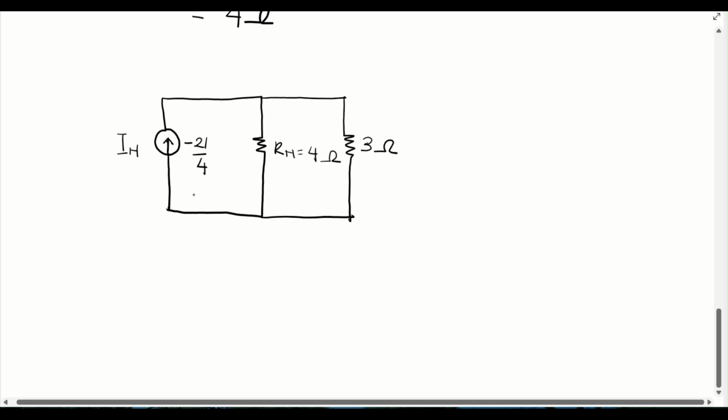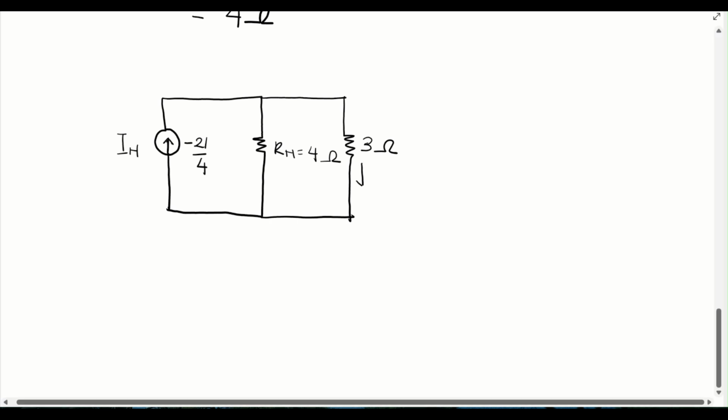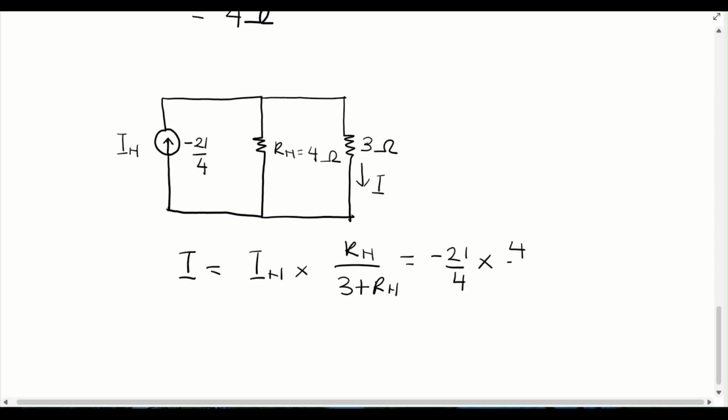Just like we discussed earlier, we are going to use the current division rule to find the current through the 3 ohms resistor. Let's say the current through the 3 ohm resistor is I, so I should be equal to IN times Rn on 3 plus Rn, which is going to give you minus 21 on 4 times 4 on 4 plus 3.